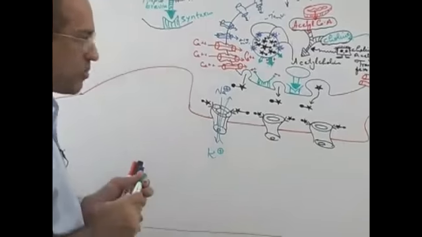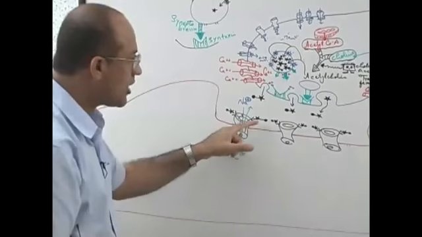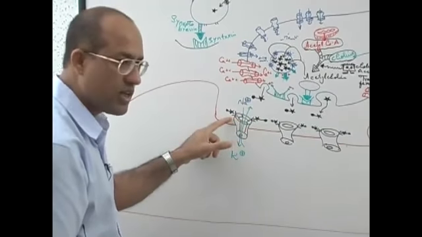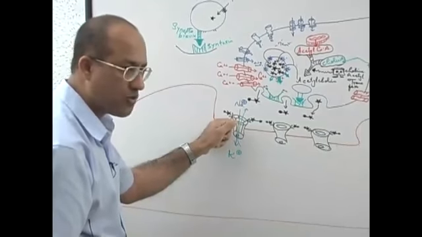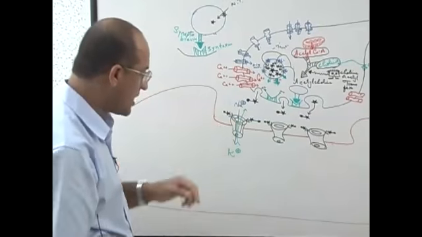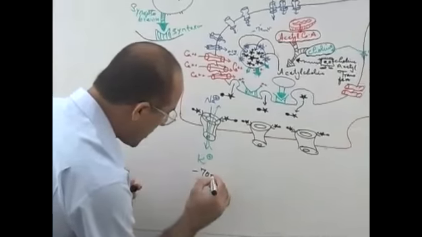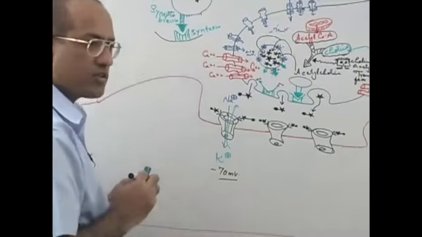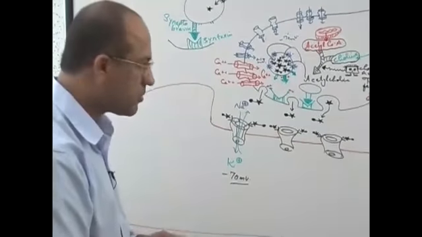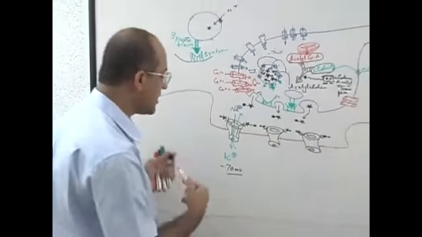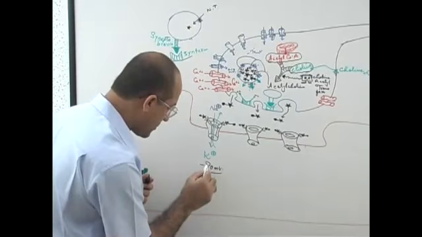But before the acetylcholine could bind with these channels and before these channels could open, this muscle had a resting membrane potential of minus 70 millivolt. Let's suppose minus 70 or minus 80 millivolt. Now listen.